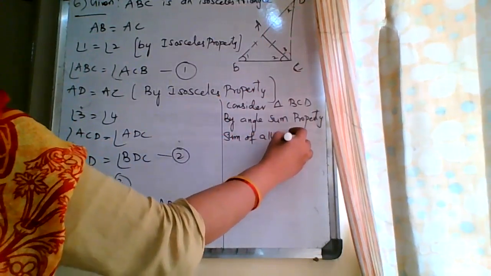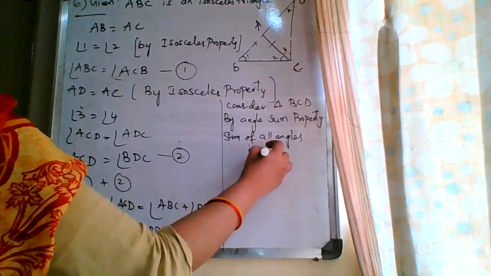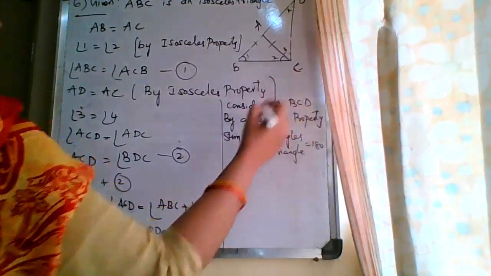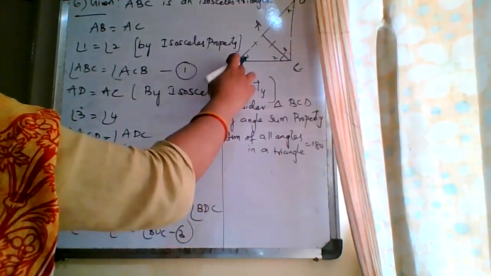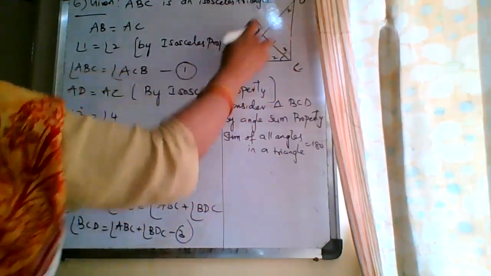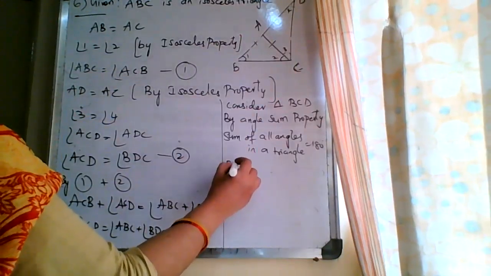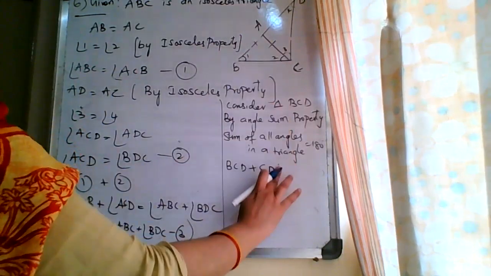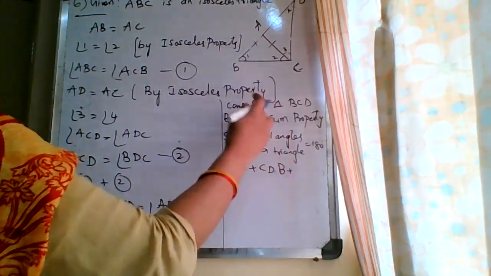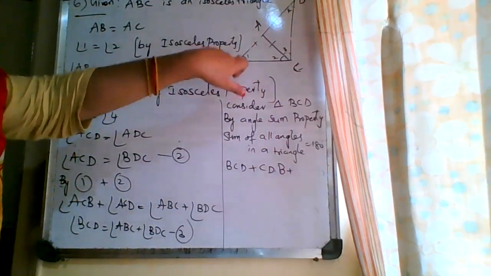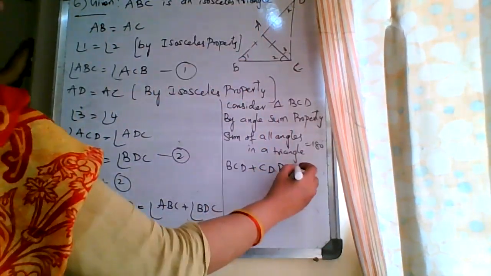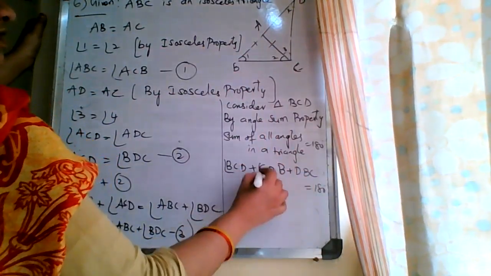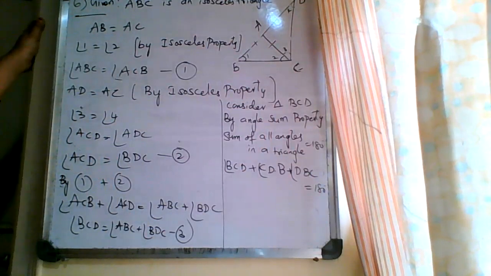Now, angle B plus angle C plus angle D: BDC plus BCD plus DBC must be equal to 180 degrees. These three angles must be equal to 180 degrees.